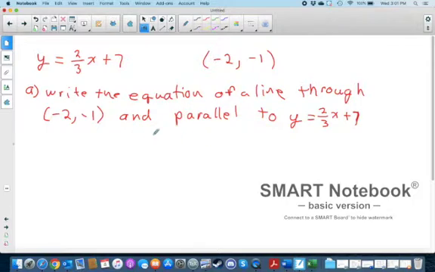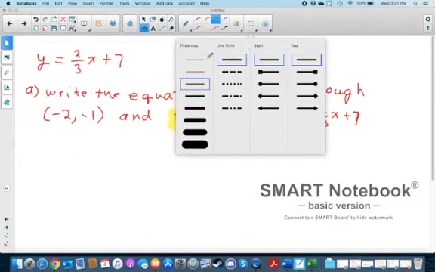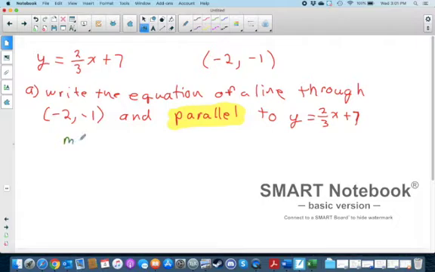Okay, so if we want to write this, well, just seeing that it says parallel, this tells me that the slope of my second line is 2/3. So the slope that I'm going to use is 2/3. The point I'm going to use is right here. So let's write the equation. I'm going to write the equation in point-slope form.